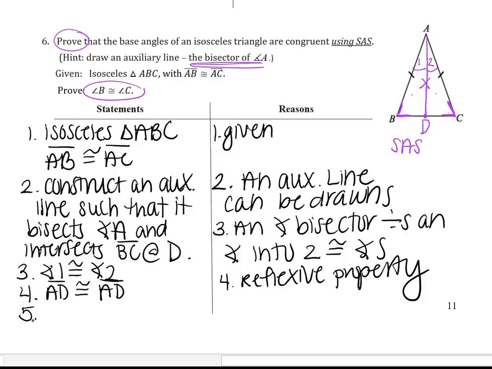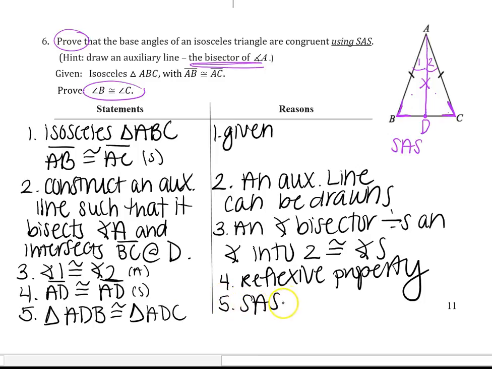Alright, so far on my proof, I have the side they gave me. I talked about these angles being congruent, and I have that shared side. So I have the triangles now congruent by side angle side. So triangle ADB is congruent to triangle ADC, making sure my corresponding angles match up here. And that's by side angle side.